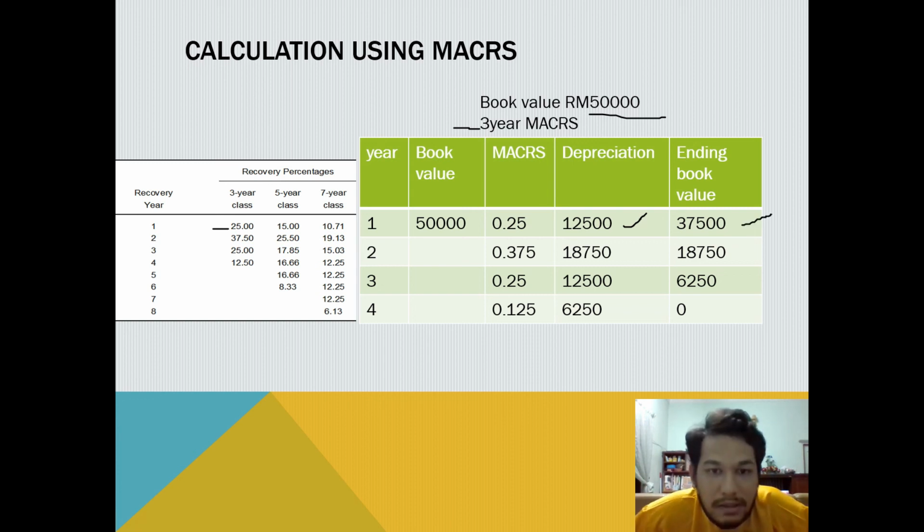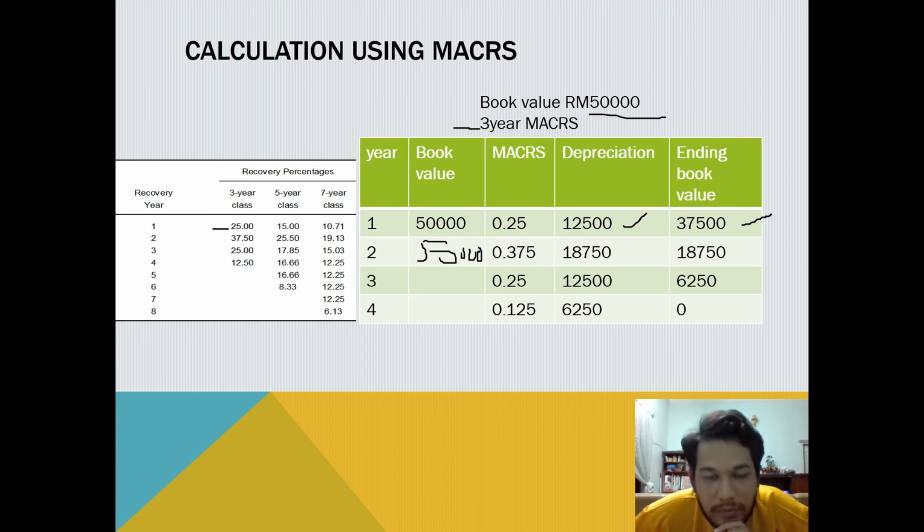For the second year, you take the book value at the beginning, which is 37,500, and then you multiply with the recovery percentage, and then you get the depreciation.